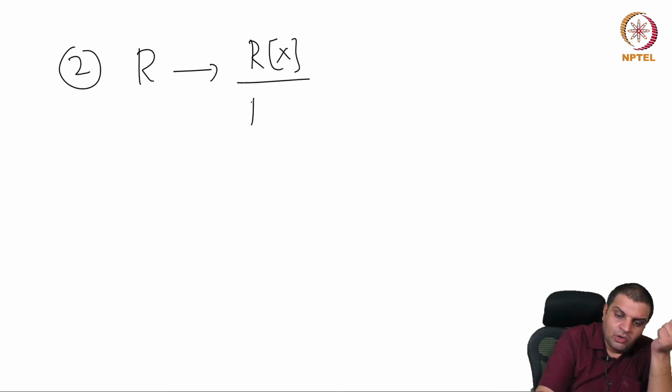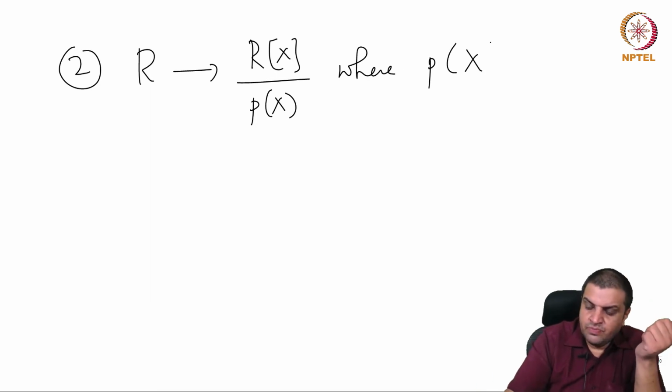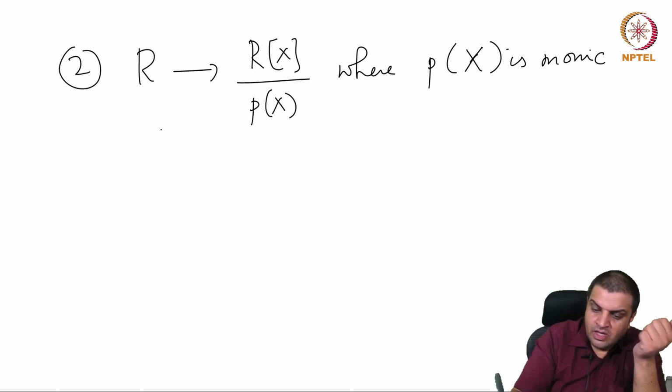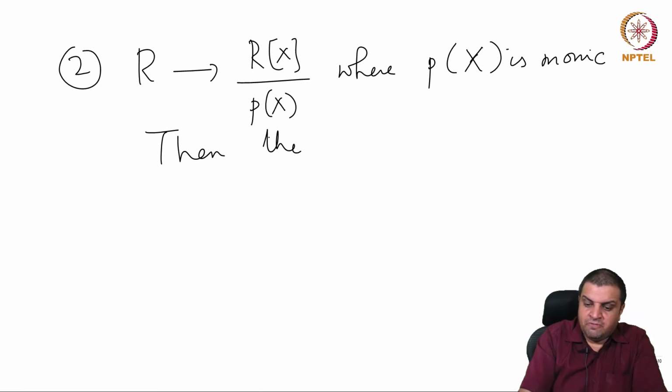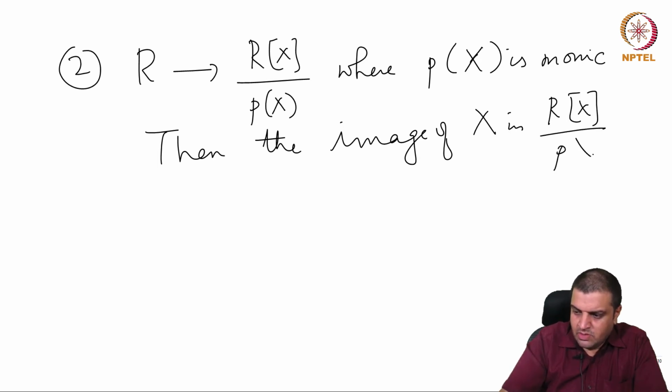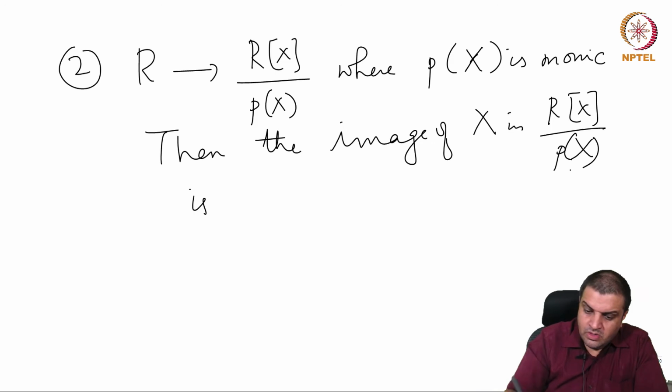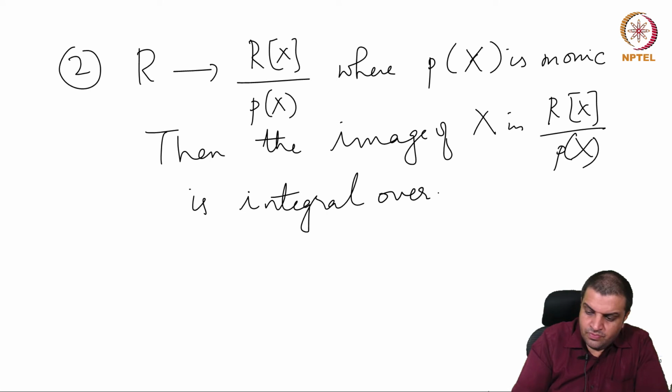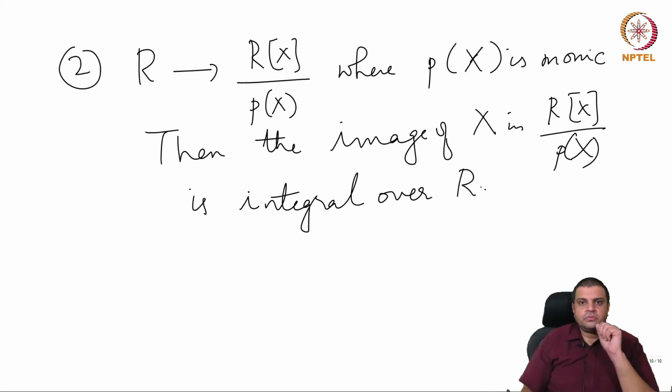So if you take R to R[x] modulo P(x), where P(x) is monic, then the image of x in R[x] mod P(x), the residue class, is integral over R. Okay.